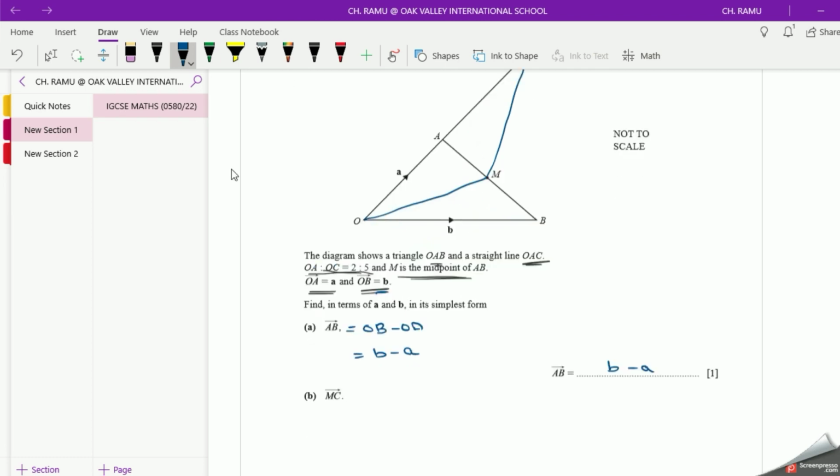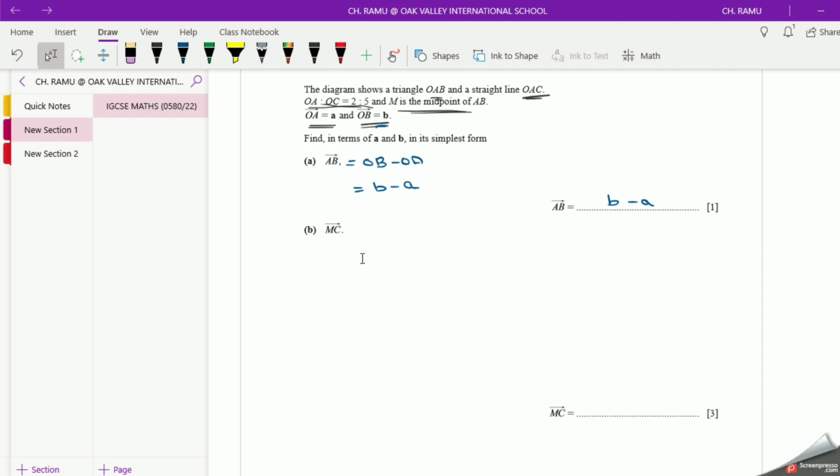Okay, so now the given condition is, if you observe, OA is to OC is equal to 2:5, that is OA by OC is equal to 2 by 5. The value of OA is a, so a by OC is equal to 2 by 5. From that we can say that OC is equal to 5 by 2 a.